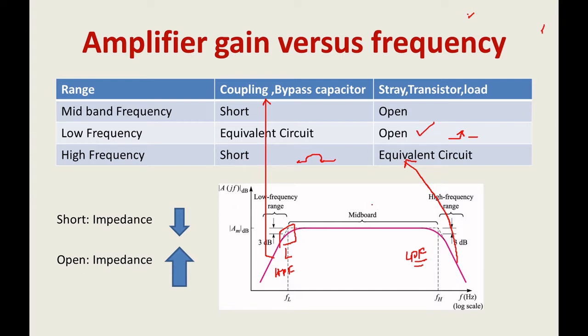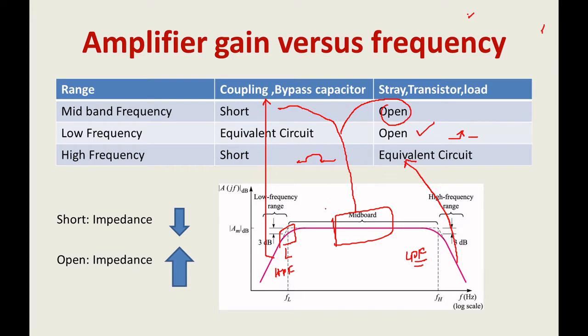In the mid range of frequency, you have a null reactance, because the coupling and bypass capacitance behave like a short circuit, and the stray and transistor capacitance behave like an open circuit.